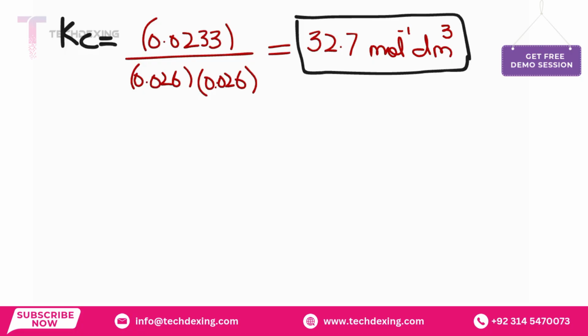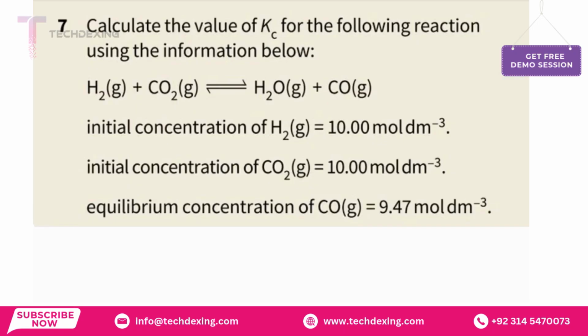So now we can talk about another one in which we are provided the same situation. Move to the next slide. So you are provided this equilibrium system in which all the gases are involved. The initial concentration of the reactants is provided to you, and the equilibrium concentration of carbon monoxide is also provided. But the equilibrium concentration of water is not provided.